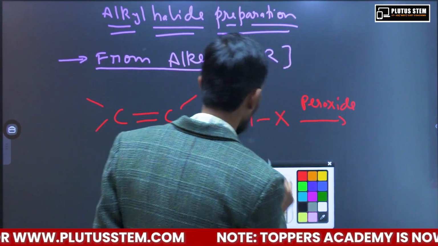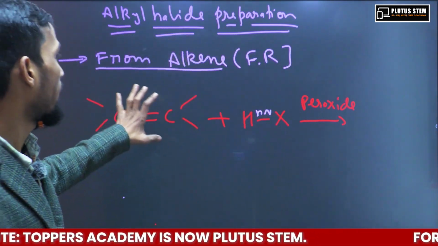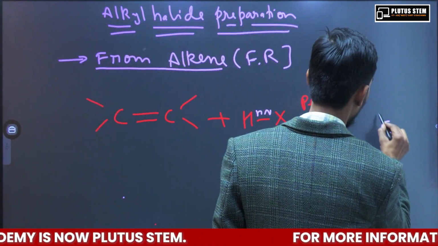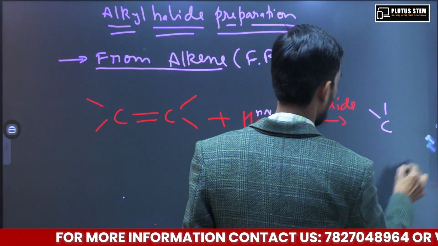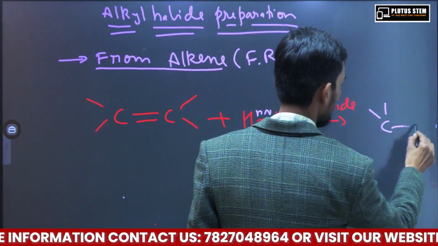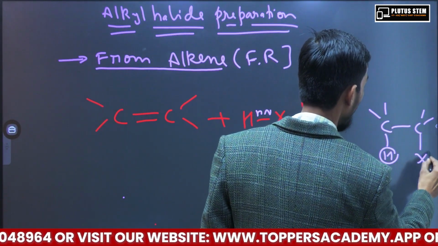We will see this bond will break, homolytic cleavage will be there, and we are going to get a product like this, with one side hydrogen and another side halogen.